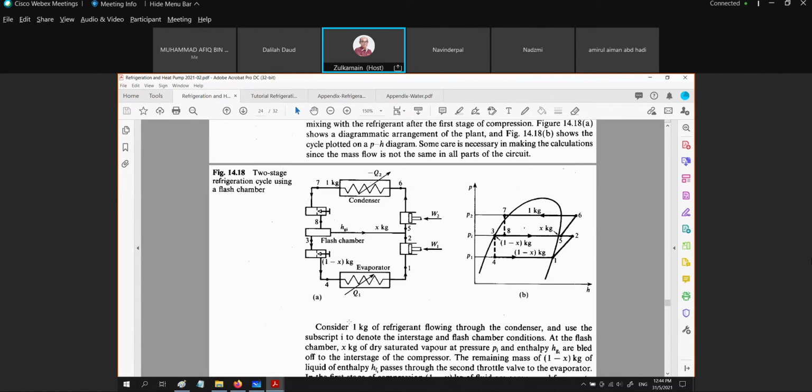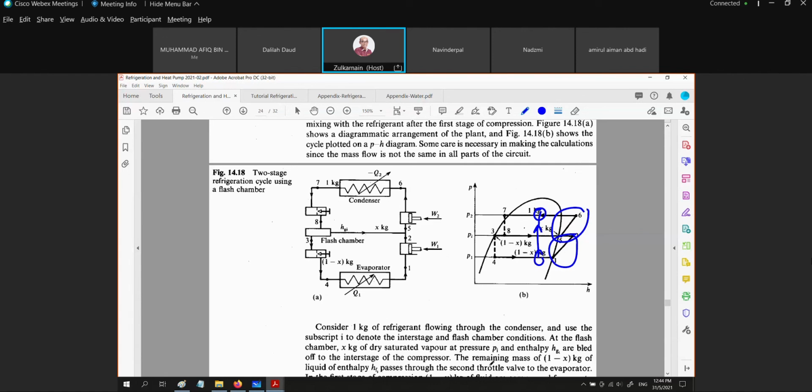So what happened? We are going to have the same compression process, which is 1 to 2, 5 to 6. Okay? As far as the compression process is concerned, the work involved is still to compress from the evaporator pressure to the condenser pressure.